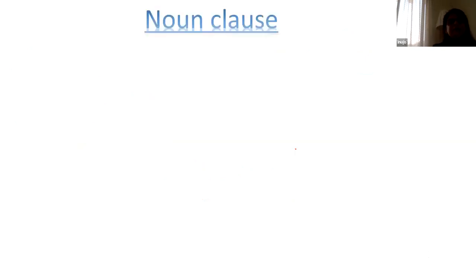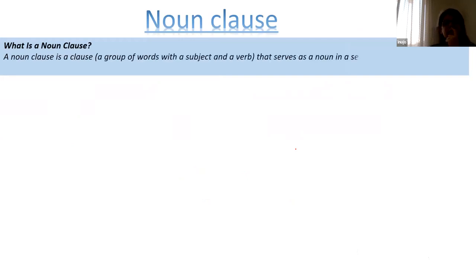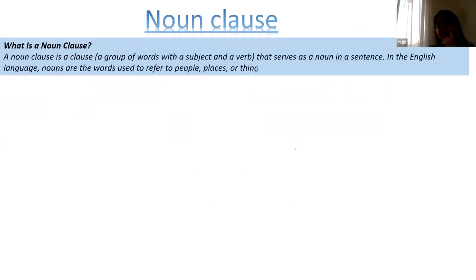All right. Now, let us understand what is a noun clause. A noun clause is a group of words with a subject and a verb that serves as a noun in the sentence. So we know a clause always has a subject and a verb. If that particular clause serves as a noun in that sentence, then that is called a noun clause.